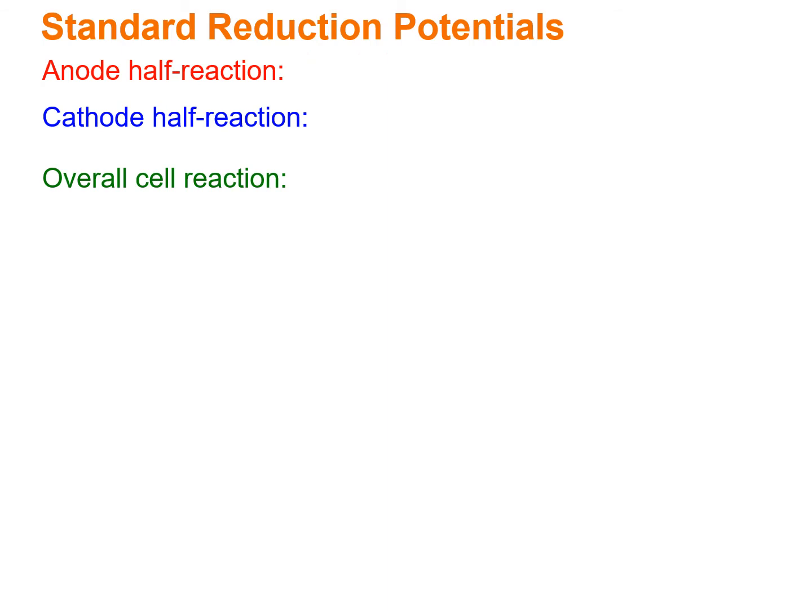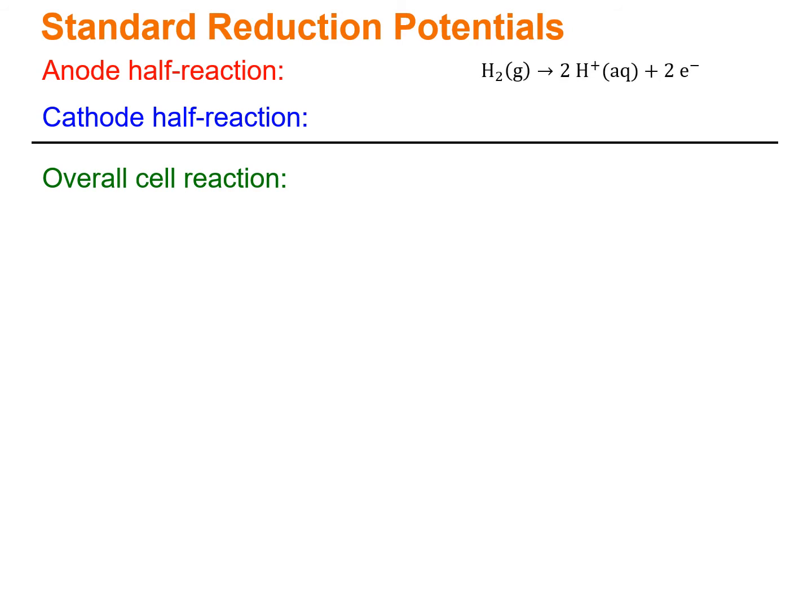Okay, so let's look at this reaction to get a sense of how we're going to figure out all these standard reduction potentials. For our half reaction of oxidation, or the reaction that occurs at the anode, we're going to look at hydrogen going to 2H plus 2 electrons. For the reduction, or the cathode half reaction, we're going to look at copper 2 plus plus 2 electrons going to copper.